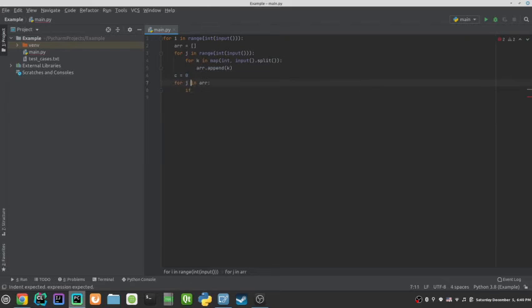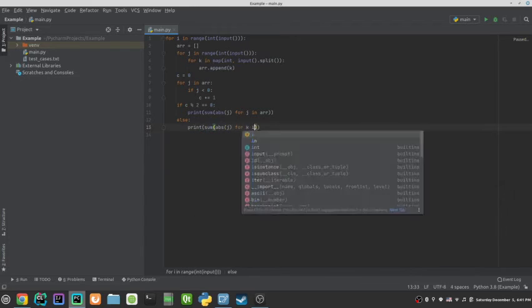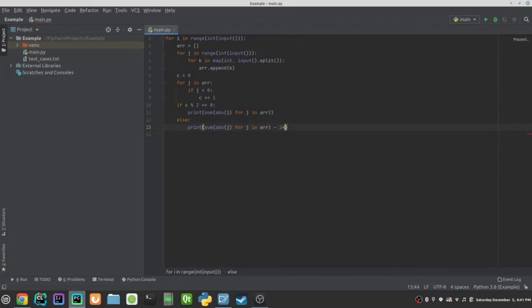Actually, I should make that j. And we're just going to print out the sum. Let's try doing one line actually. Let's do times min.